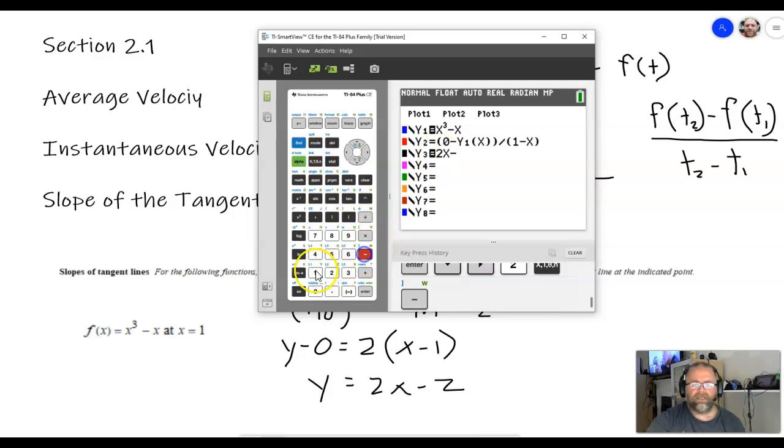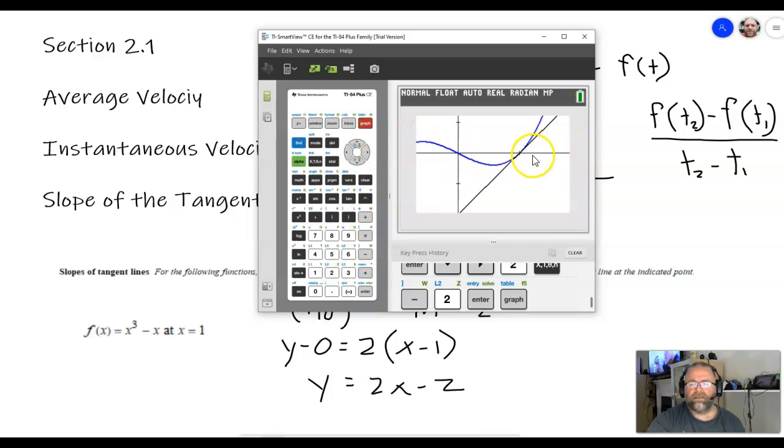Enter, go back to the graph, and look at that perfect fit here. So that line with the 2 slope looks like it's definitely that tangent line. It comes right to that point there, touches it without ever actually crossing through that curve at a local neighborhood there.